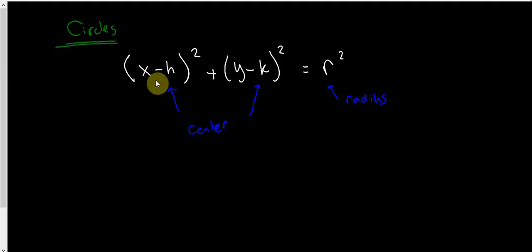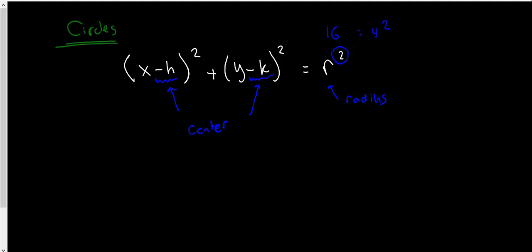Notice once again that it is the opposite, and it is the opposite for both the x and y coordinate of this center. Notice that this is squared, so if we get a number like 16, the radius isn't 16, the radius is 4, because 16 is 4 squared.